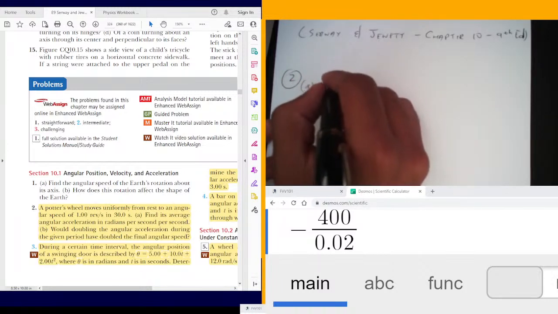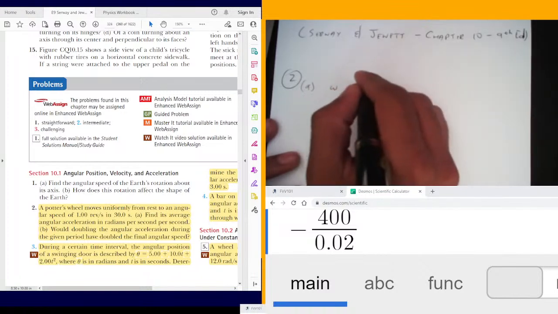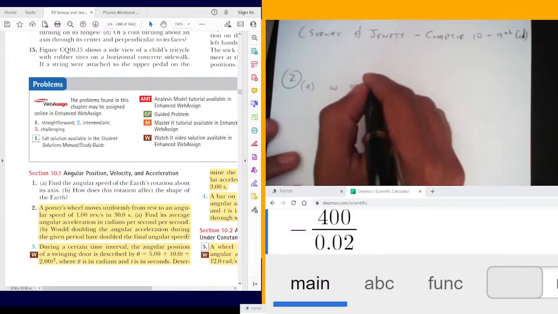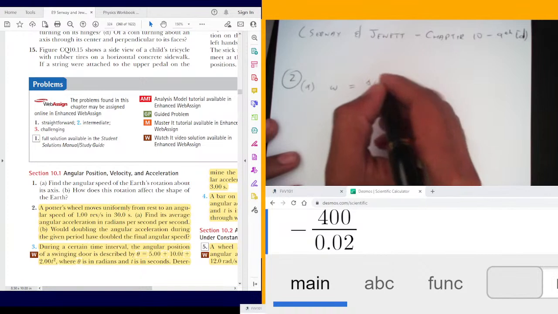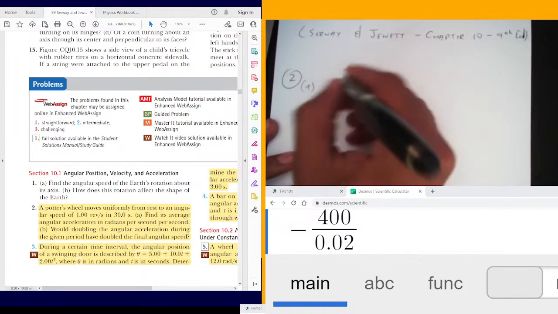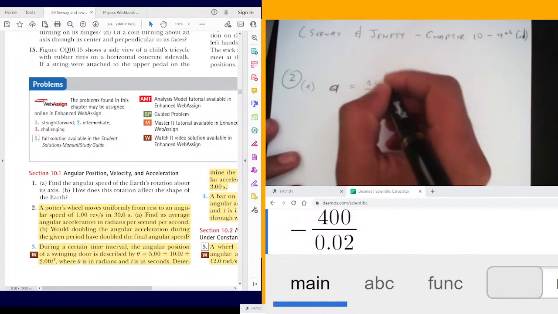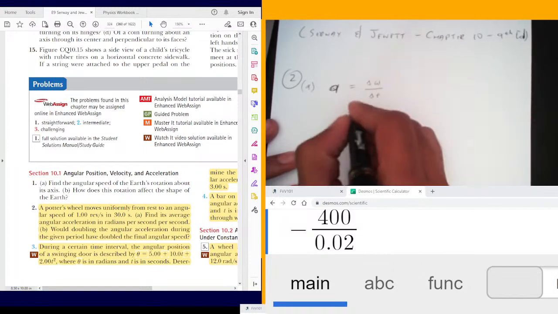Okay, so angular acceleration is equal to the change in angular velocity over the change in time.